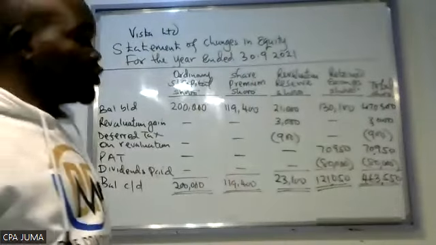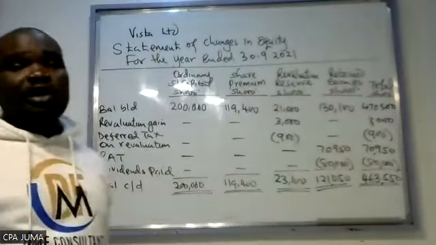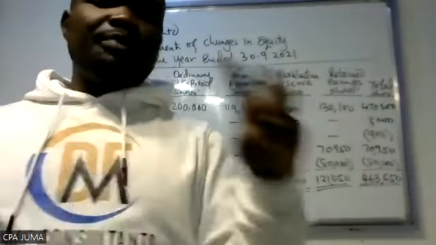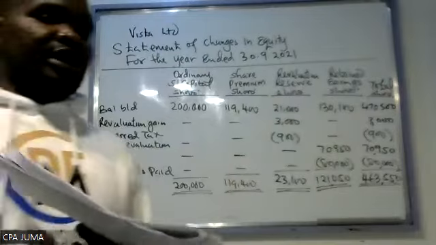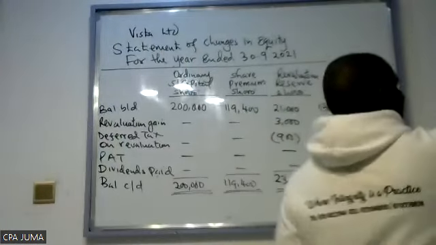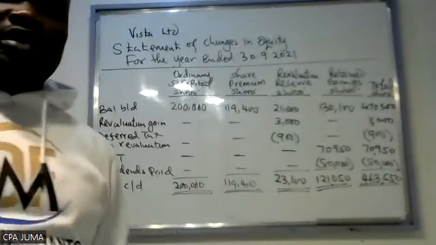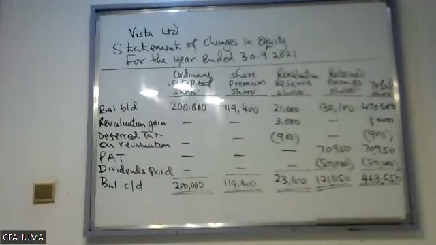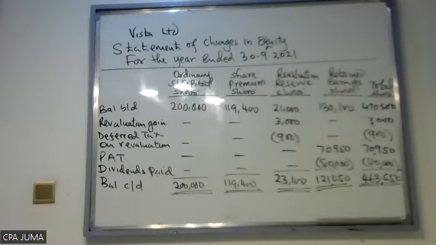So before we go to the statement of financial position, I hope this is clear for everyone. We must do a working for PPE, property, plant, and equipment. So I beg to delete this. So have PPE as a working. Property, plant, and equipment as a working.